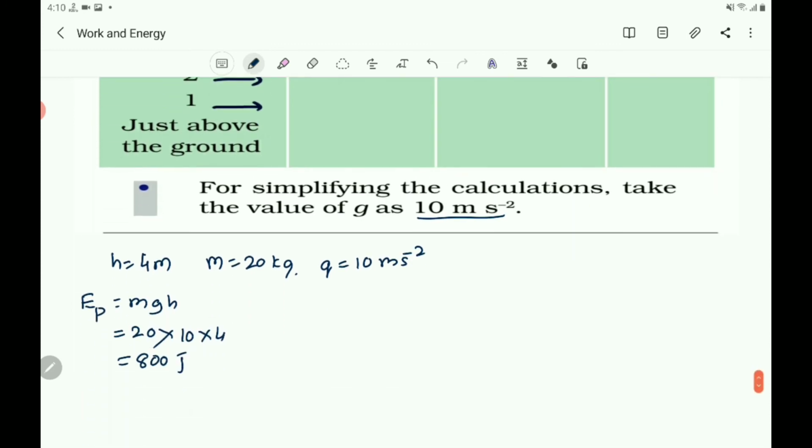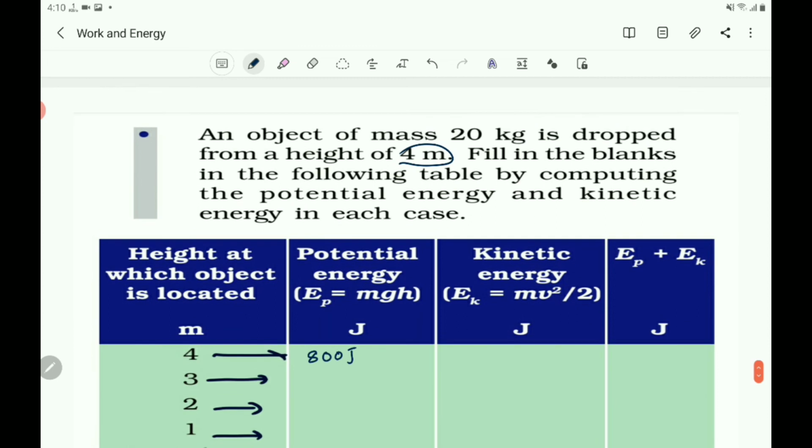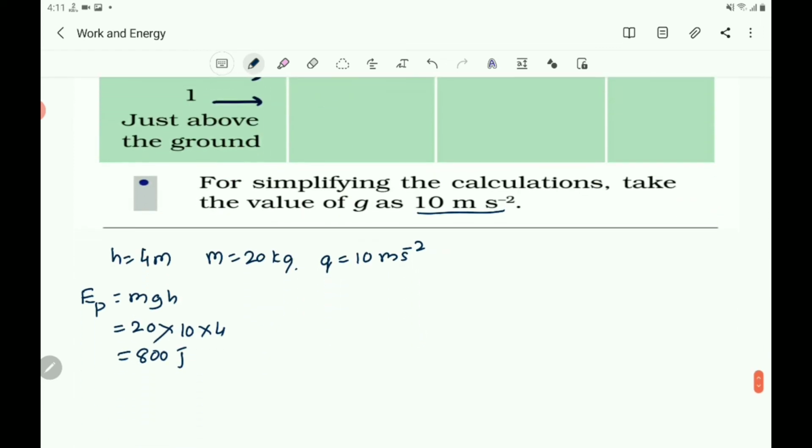Then what about the kinetic energy? You know that it is dropped from a height of 4 meters. So at a height of 4 meters, its velocity is 0. So at h equals 4 m, v is equal to 0.